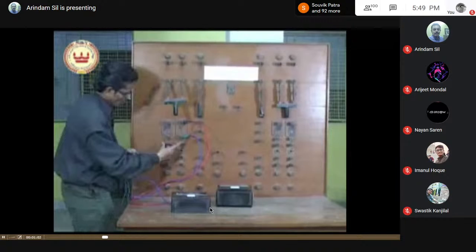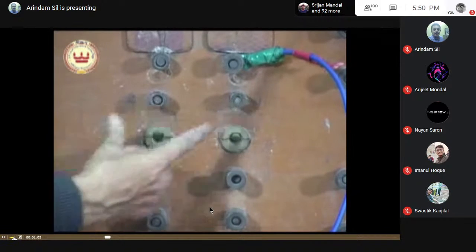Next, we shall connect the voltmeter to measure the supply voltage Vs across these two terminals.